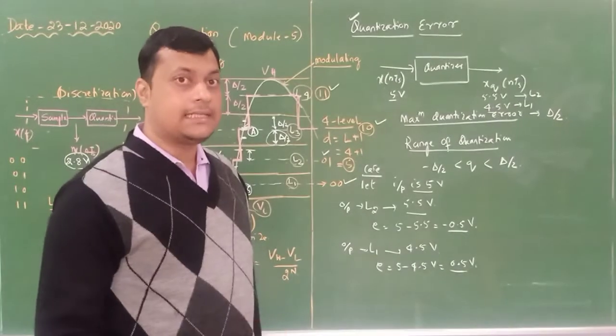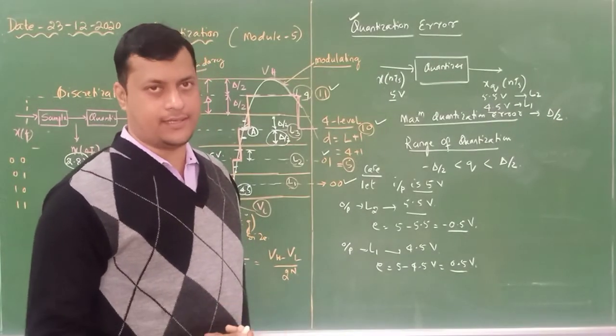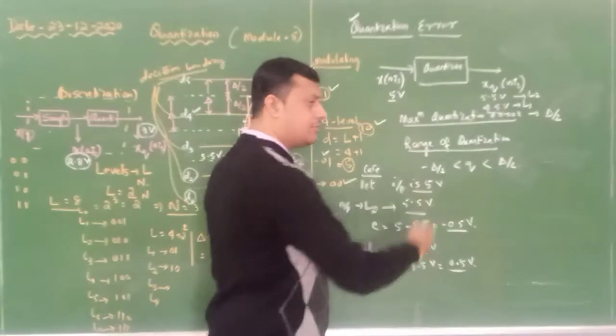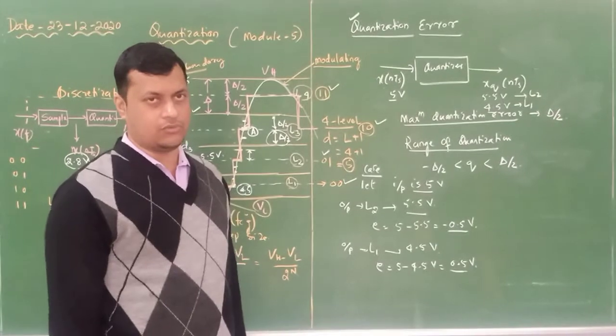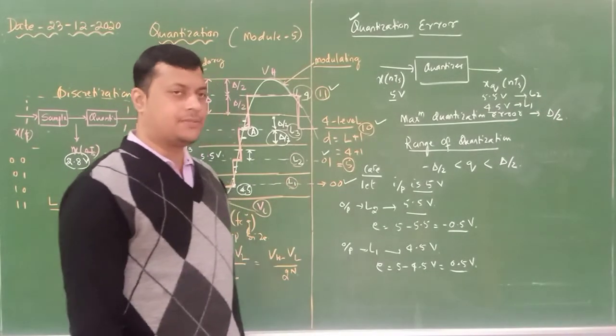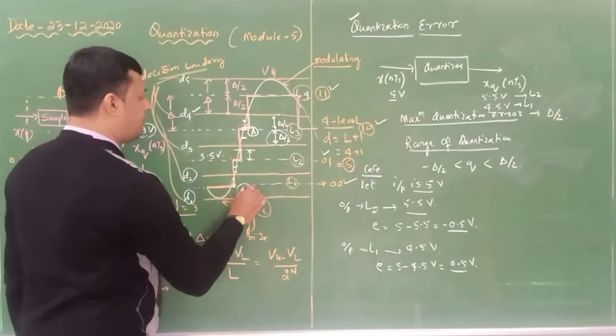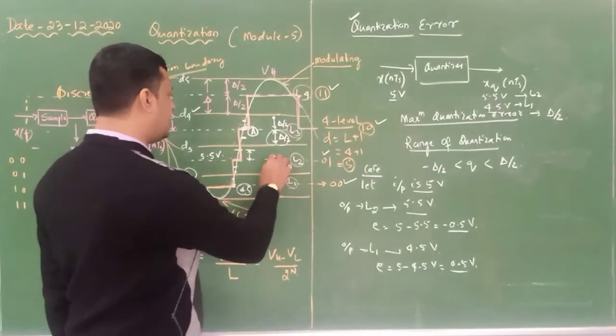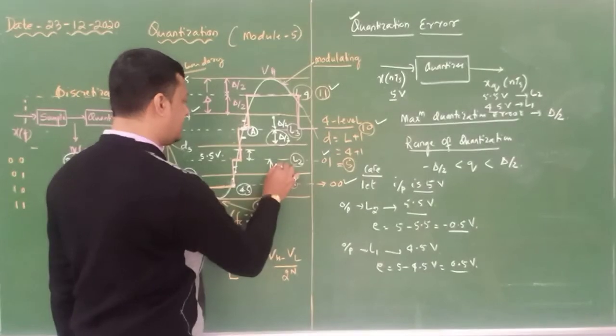So the step size remains constant. How much is it? If it is del by 2, this is also minus del by 2. If you take the step size, this is your 4.5 and this is your 5.5. What is the difference? The difference between these is del.